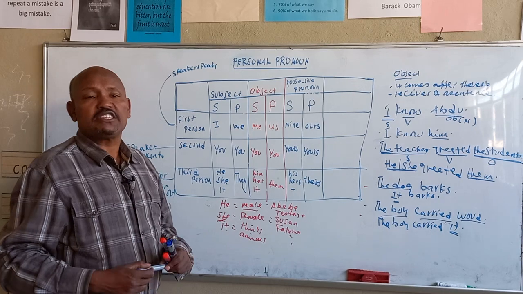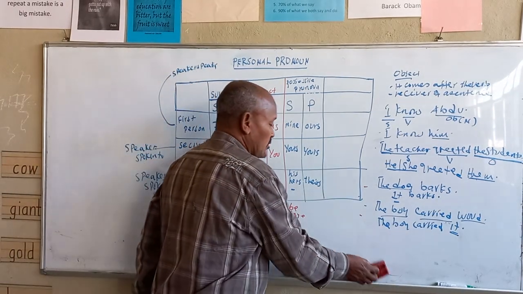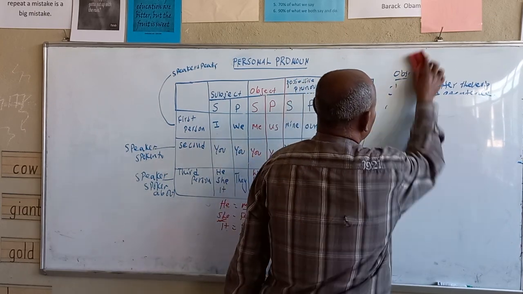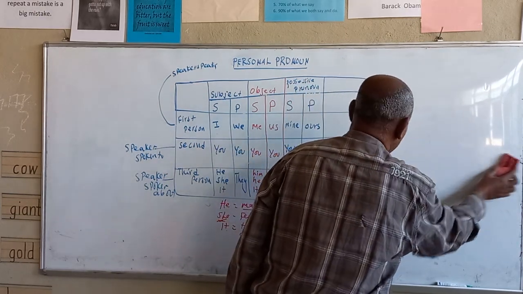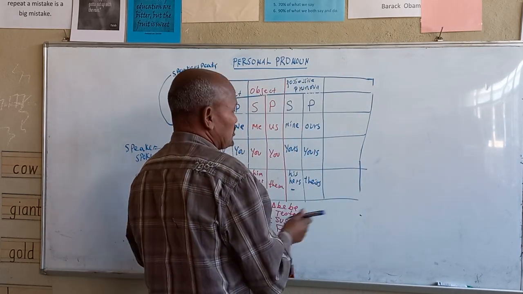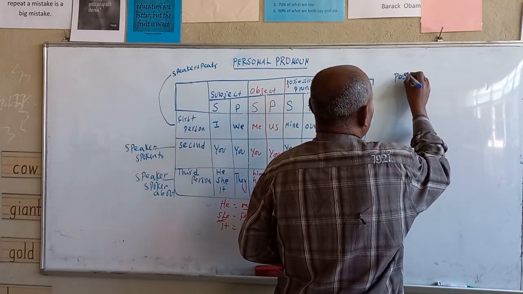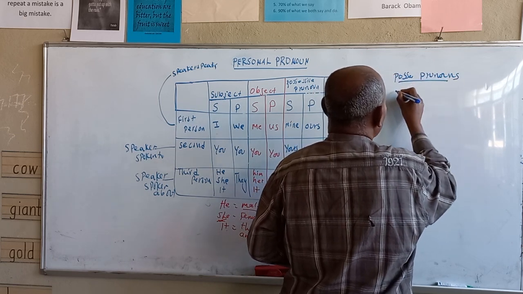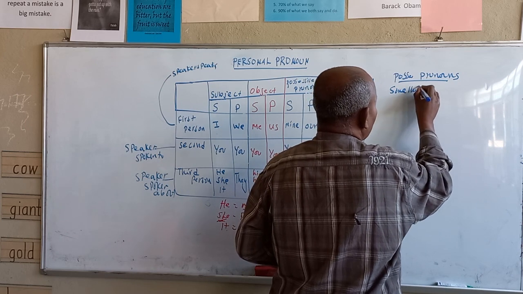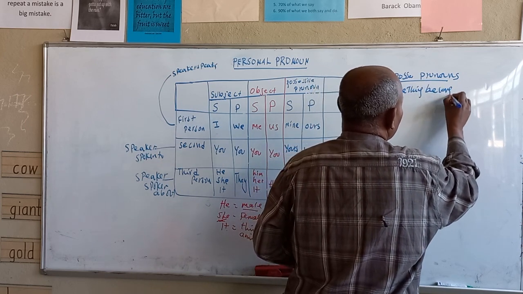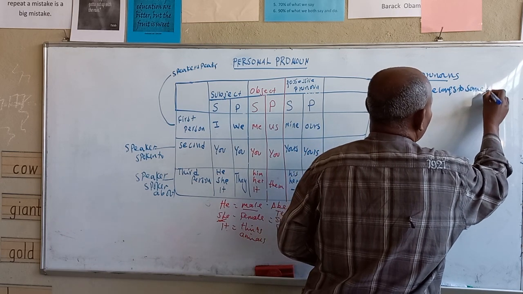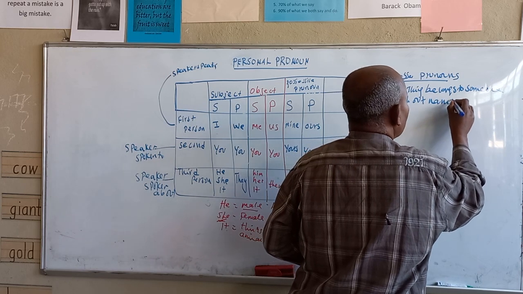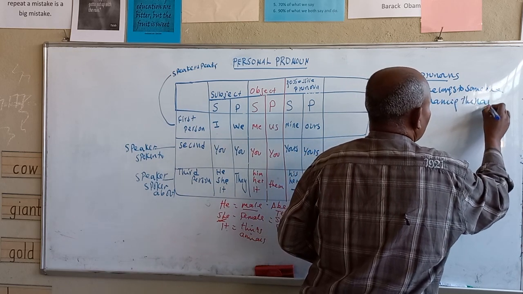How can we use this pronoun in making sentences? Let me give you examples. First, what does possessive pronoun mean? It shows possession, or we can say that something belongs to someone without naming the name of the person.